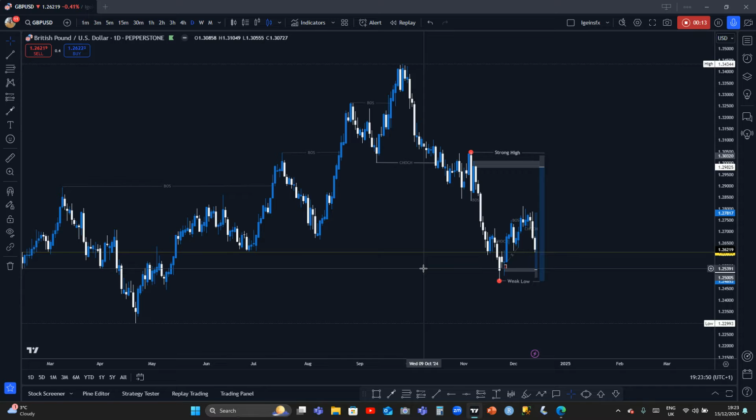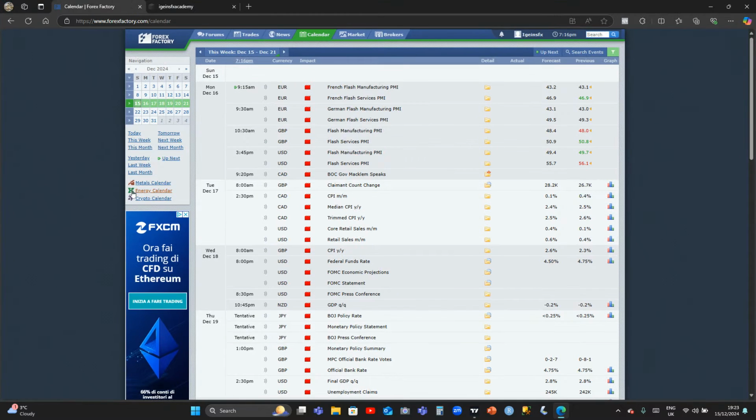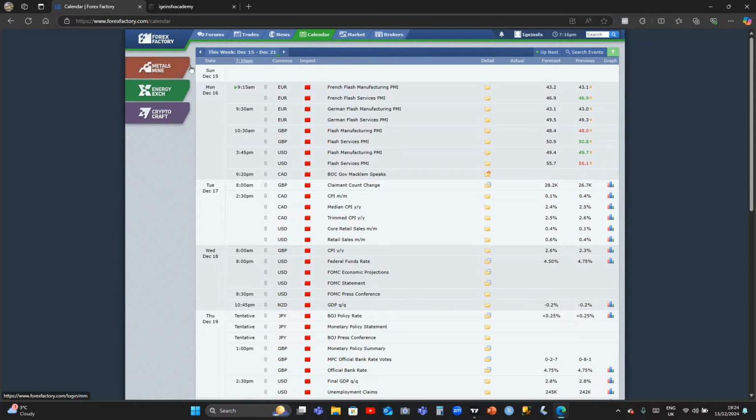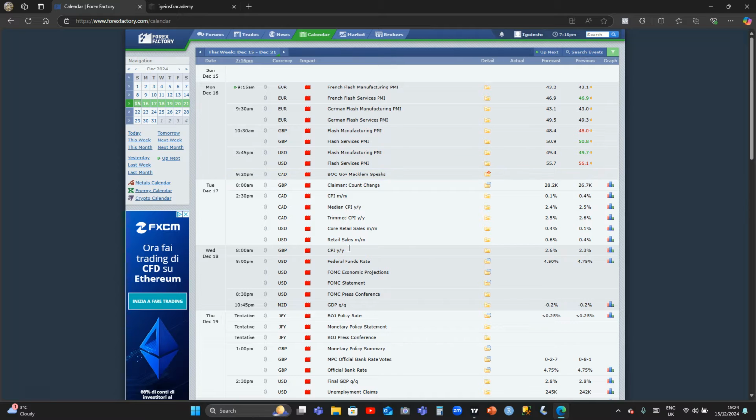As we do, first and foremost we go through our fundamental analysis to know the news that is ahead of us. As a trader, you need to get yourself familiar with Forex Factory. In Forex Factory, we have a calendar with every important news event that will be coming up.